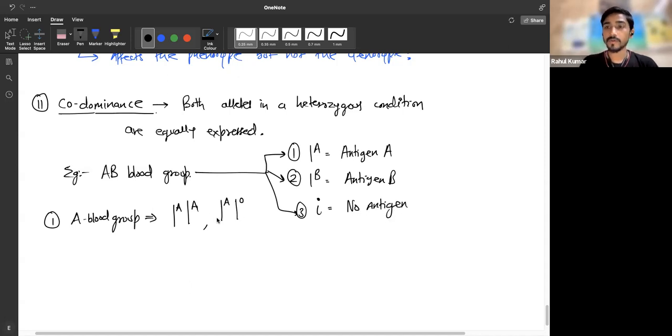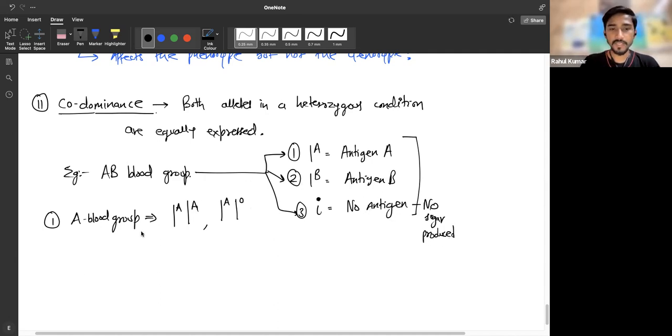So basically this O is nil, zero. It is called an empty allele sometimes, but actually it is an allele. It is a version of the gene which does not give rise to any sugar. So no sugar is produced, and if there is no sugar, then no antigen, because the antigen is a sugar molecule.